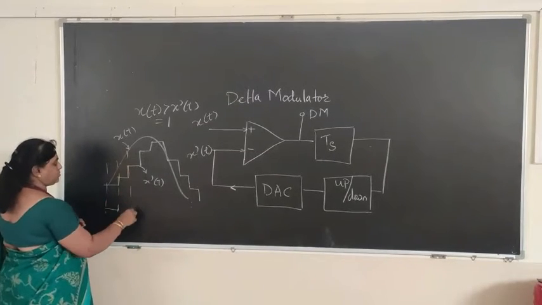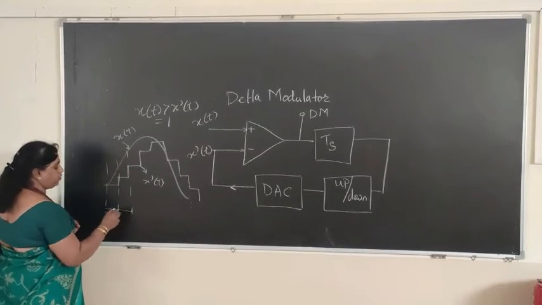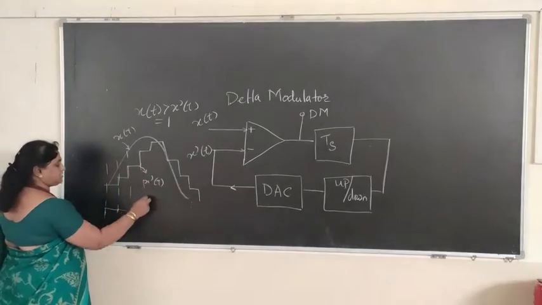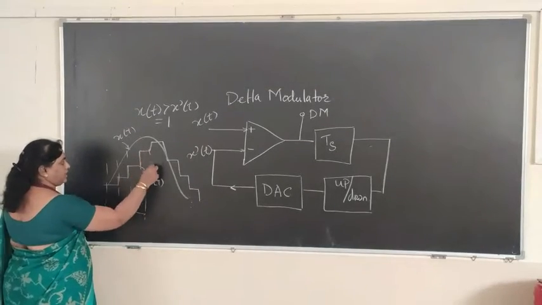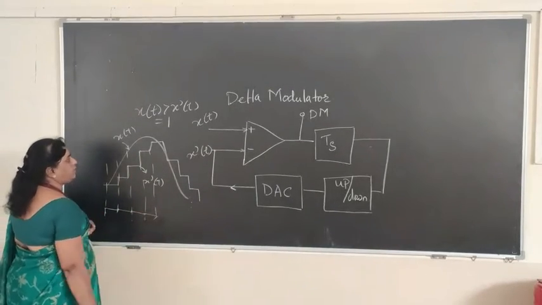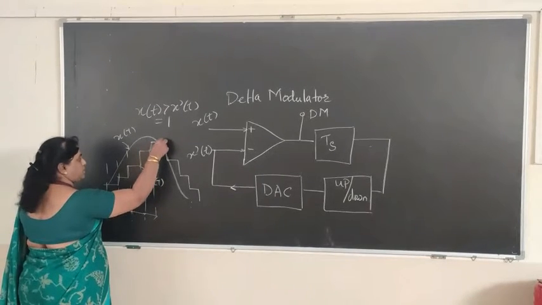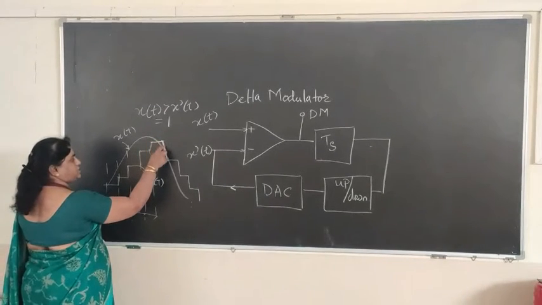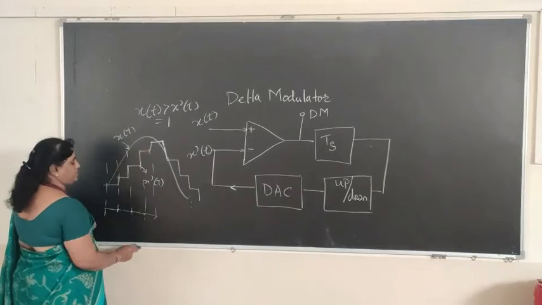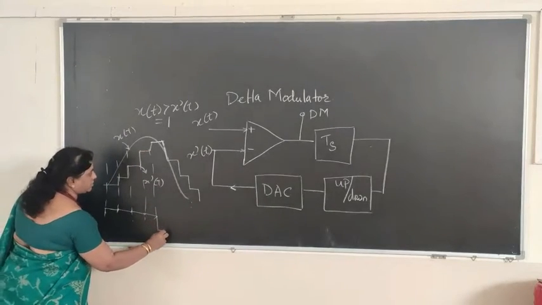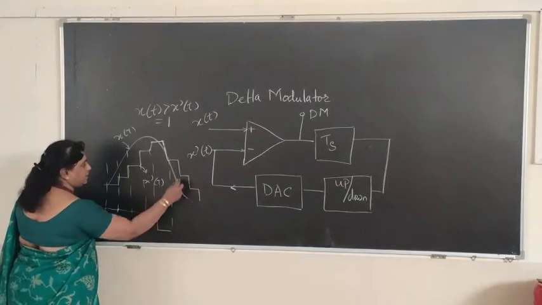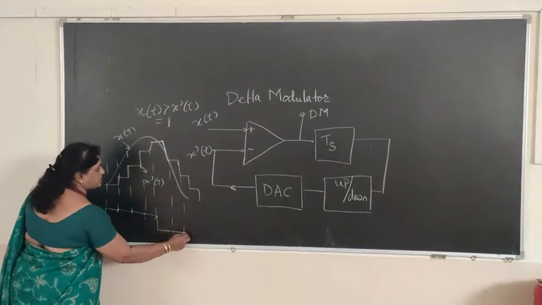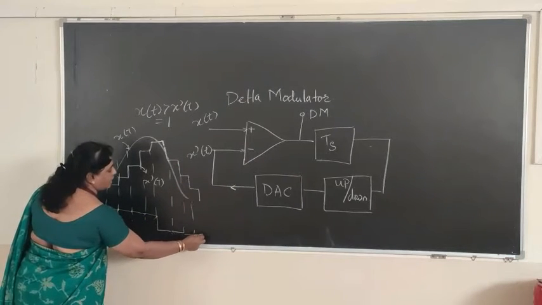In the next sample duration also a 1 is generated. Next sample it is 1. Next sample it is again 1. Now in the next sample, you can see x'(t) has become greater than x(t), and then a 0 is generated. In this particular sample also it is a 0, and a 0.